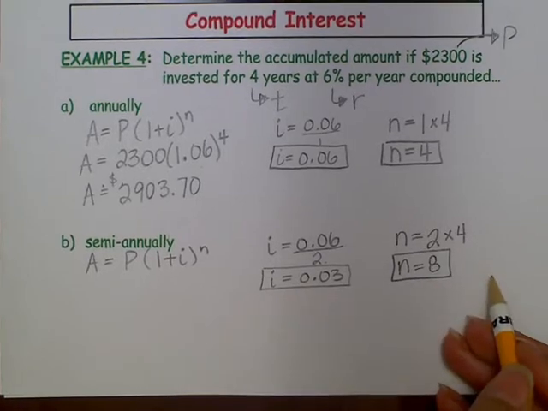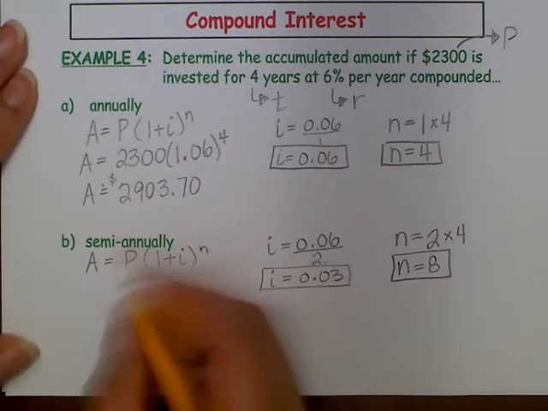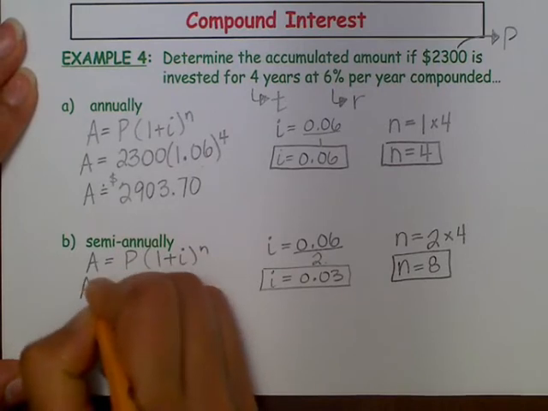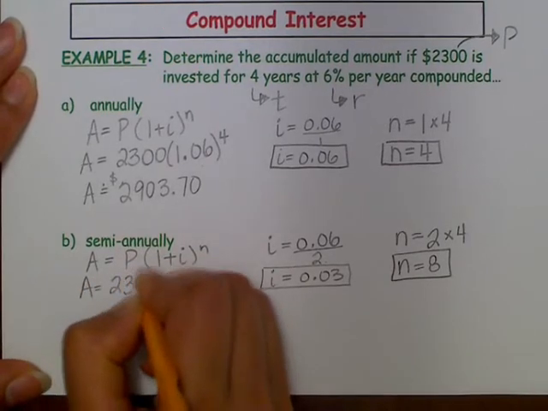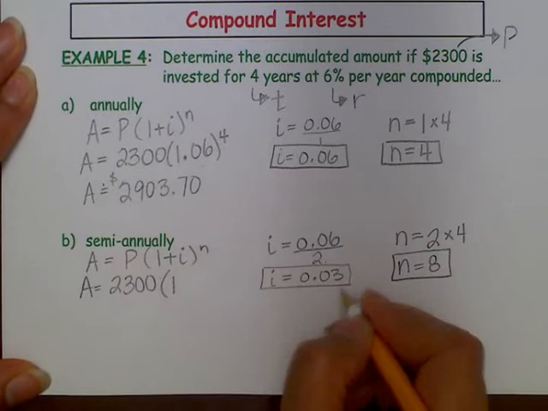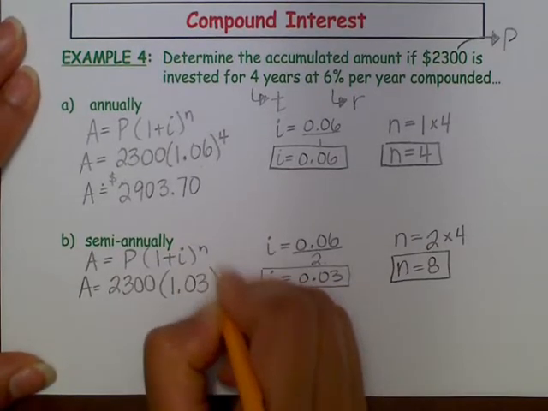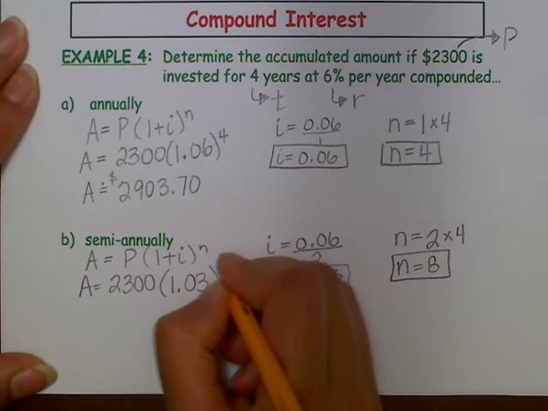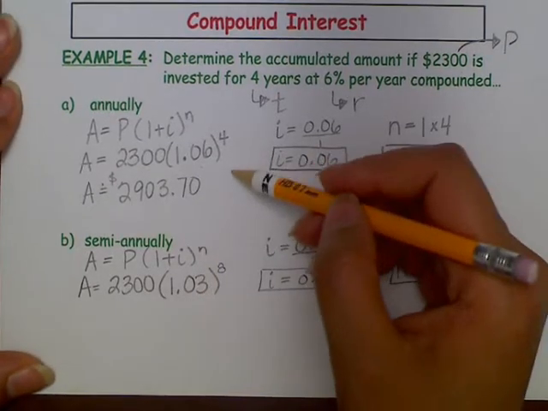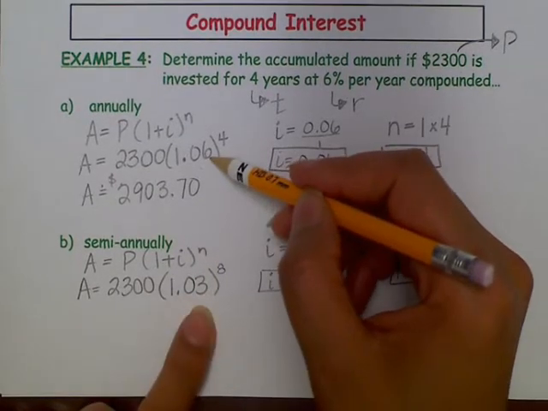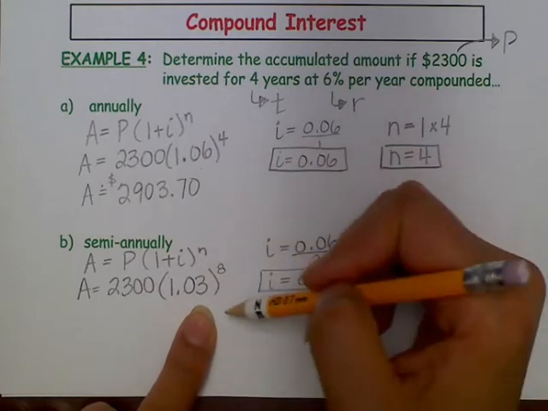And so if I plug in the information I know again, I get 2,300 times 1 plus 0.03 gives me 1.03 to the exponent 8. Now you'll notice a few things compared to the previous question. First of all, the growth ratio is smaller because you're earning less interest over time.